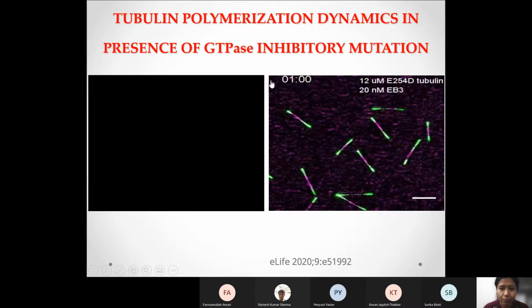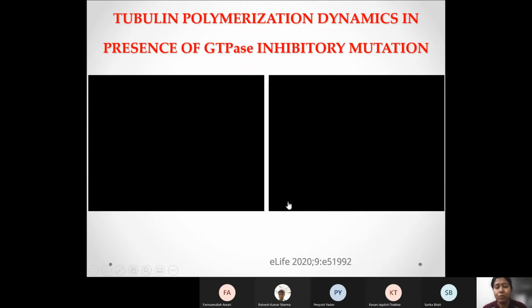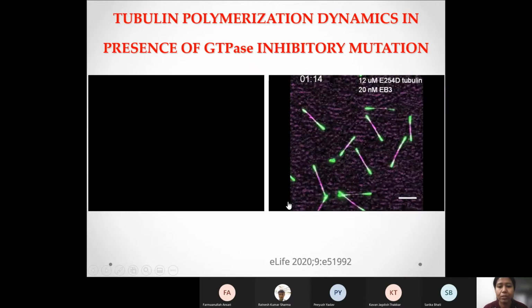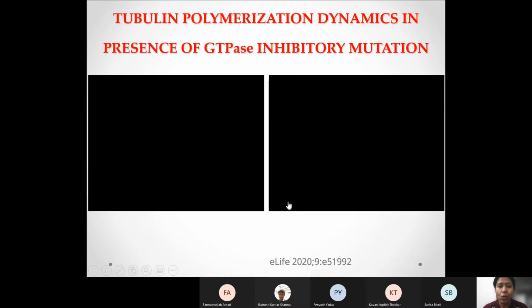But if you look at the mutant, the way it behaves now, you will not see catastrophe events, but you will see excessive polymerization, excessive nucleation, and there is not one single catastrophe event, which again hints at the same thing that they had shown previously with a slowly hydrolyzable GTP analog: if you can inhibit GTP hydrolysis, you are actually stabilizing the lattice structure in the microtubules.